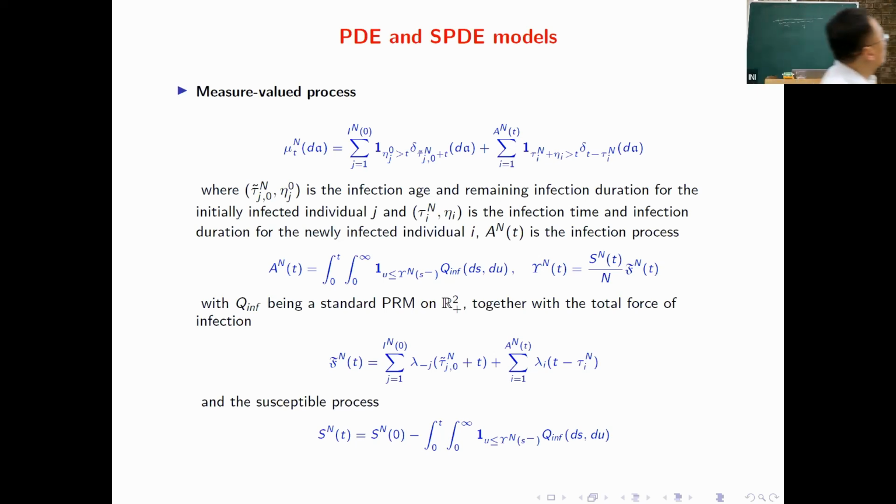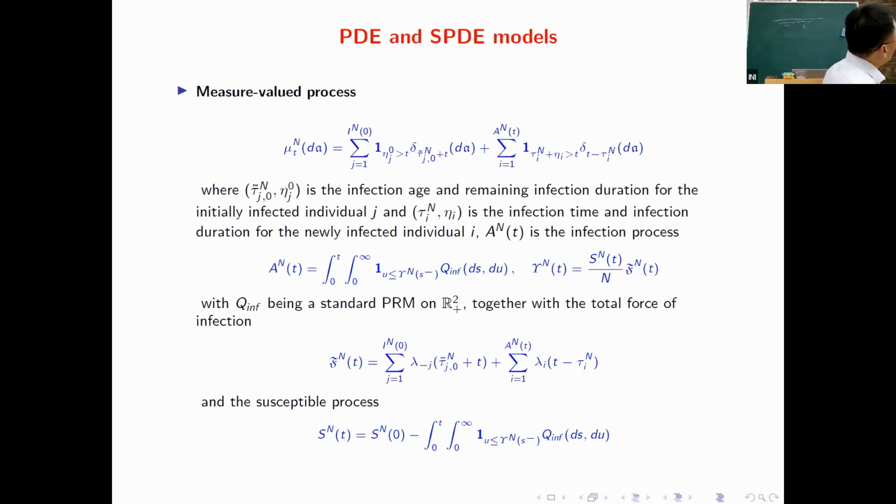For initially infected individuals, we let tau_j0 tilde and eta_j0 be the infection age and the remaining infection duration. And tau_i and eta_i be the infection time and infection duration for the newly infected individuals.